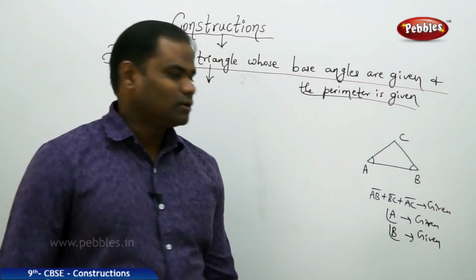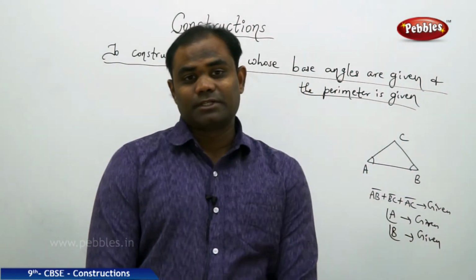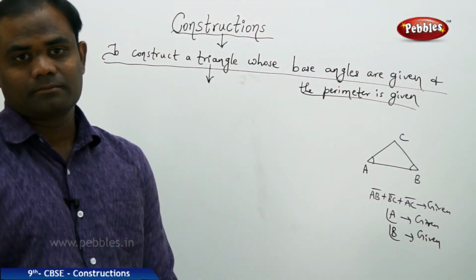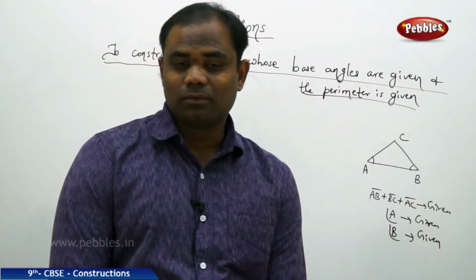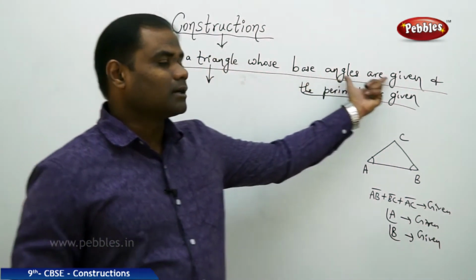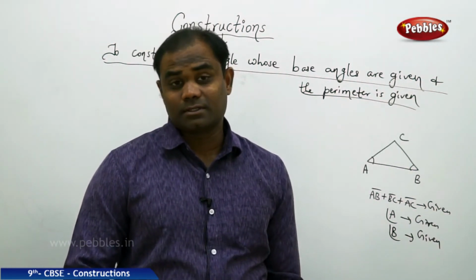Now we have all the three different things which are given in the triangle ABC. So let's see how we can construct a triangle whose base angles are given and the perimeter is given.